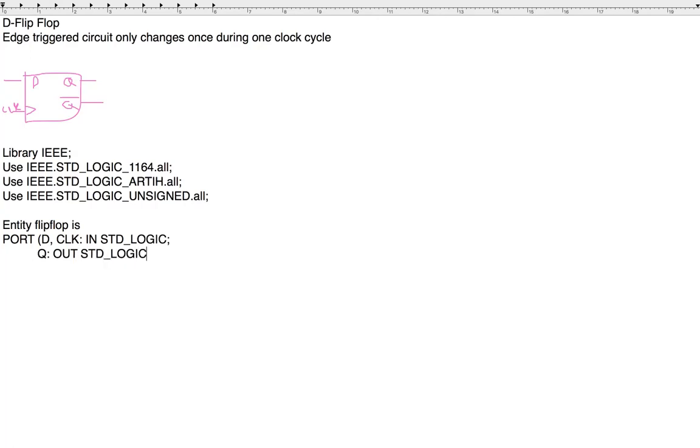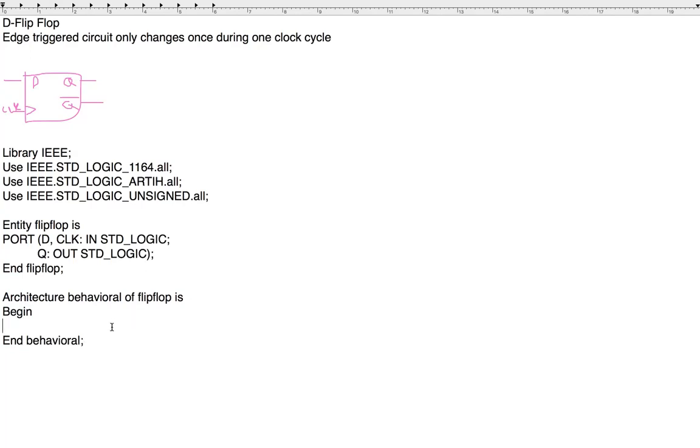Standard logic, then close the parentheses, then end the entity, so end flip-flop. Then do the architecture, behavioral of flip-flop is, and begin. Remember, you always have to end the behavioral. These are just easy points to remember.